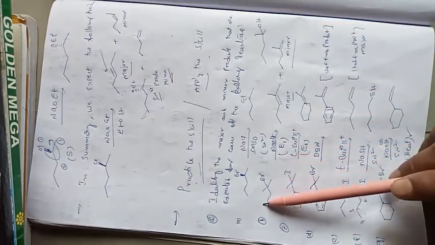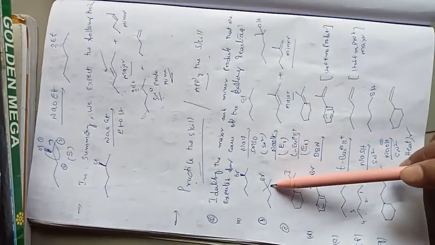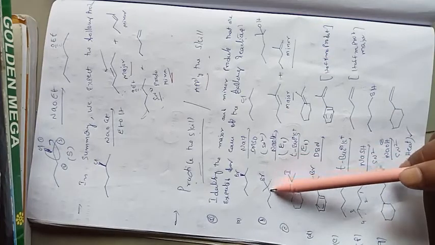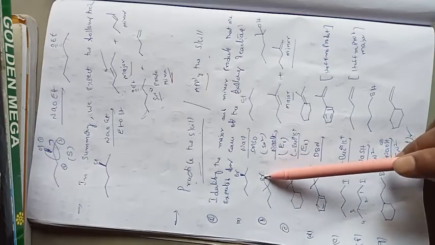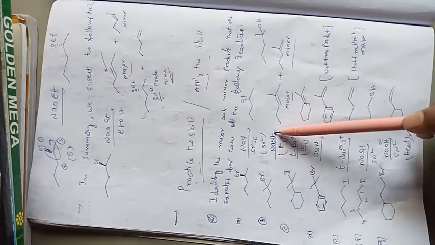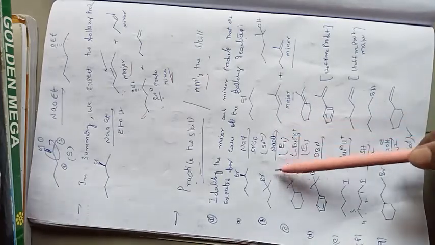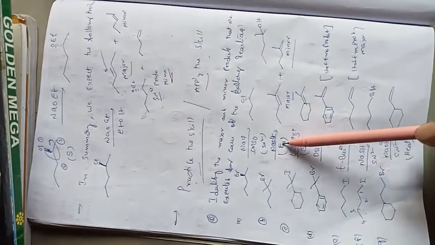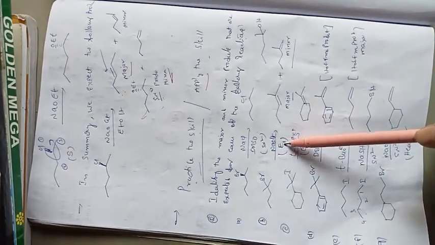Another one, the second example, is 2-bromo-2-methylpentane. Now the bromine is on a tertiary carbon. Sodium hydroxide is a strong nucleophile and base, and the substrate is a tertiary alkyl halide, so the reaction goes through the E2 mechanism.